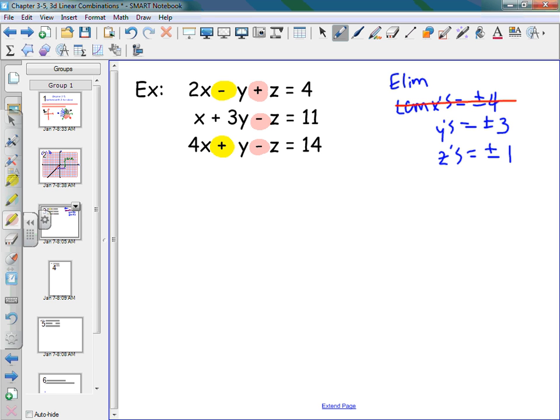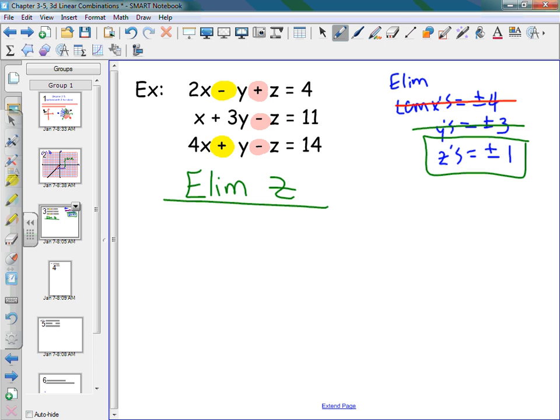So which is better to eliminate, y or z's? Z's are best to eliminate. So you cannot change what you're eliminating halfway through your problem. What you choose at the very beginning is to eliminate z is what you are going to eliminate across the board. We are eliminating z. Write it big so that you know you're not changing it.